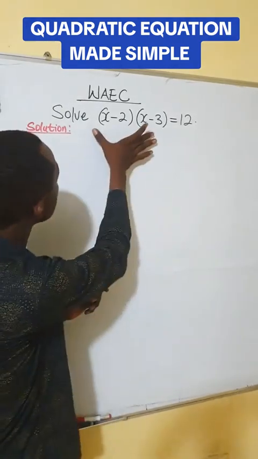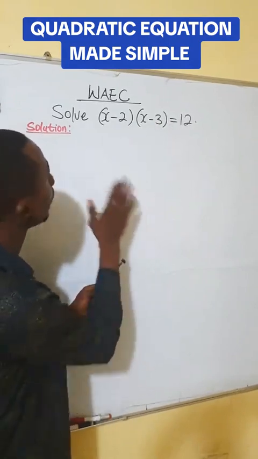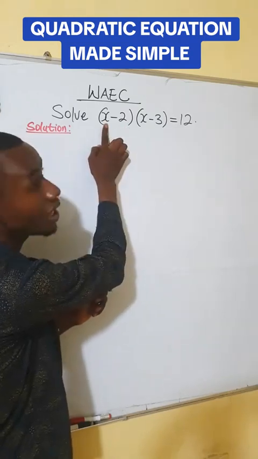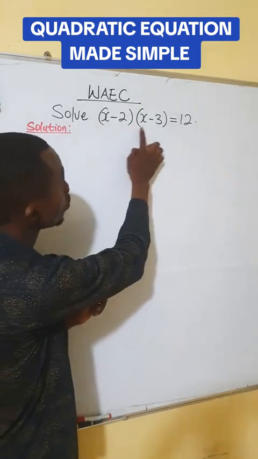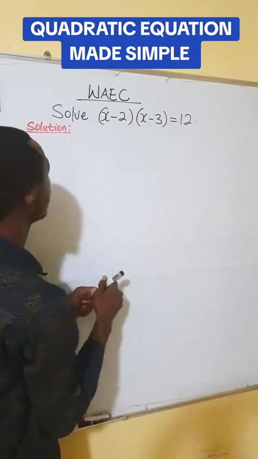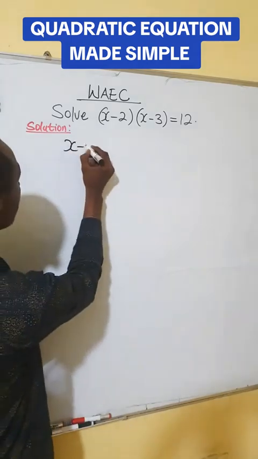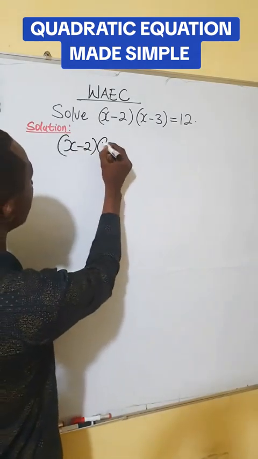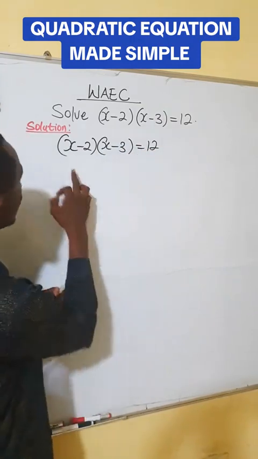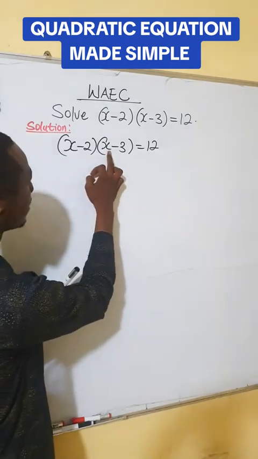So if we want to solve this particular equation, our first step is for us to expand this bracket. We are going to use each term of this particular bracket to multiply each term here. So we use this other term again and multiply throughout. So we have that x minus 2 multiplied by x minus 3 is equals to 12, right? So you use x to multiply x and minus 3.